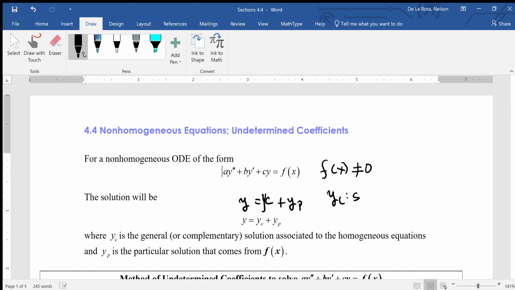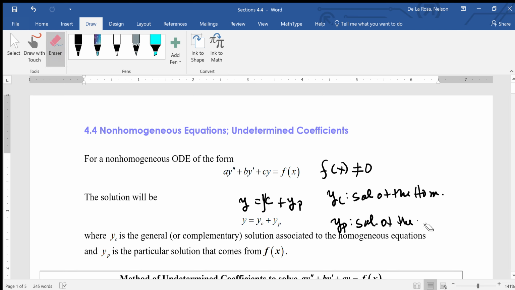yc is the solution of the homogeneous equation. And remember, the solution of the homogeneous equation is coming from the solution of the auxiliary or complementary equation. And yp is going to be the particular solution.